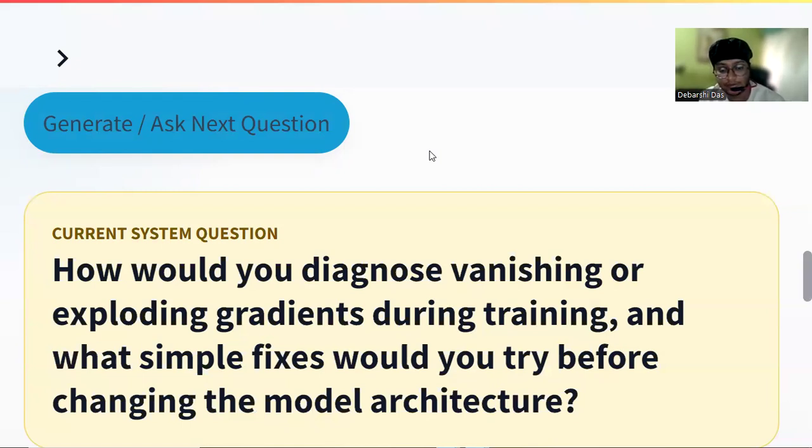So the simple fix would be that we could add more data into the data set to check the patterns first, and adding more data would be the better fix here.